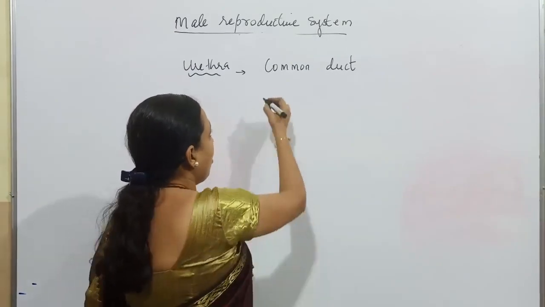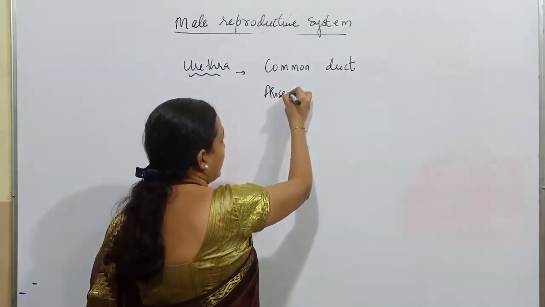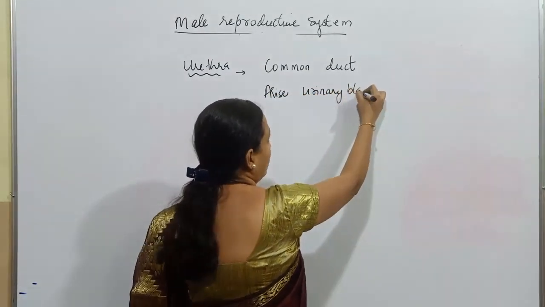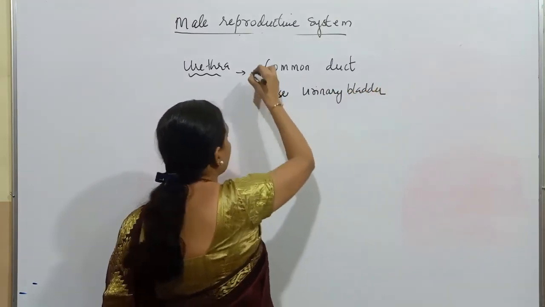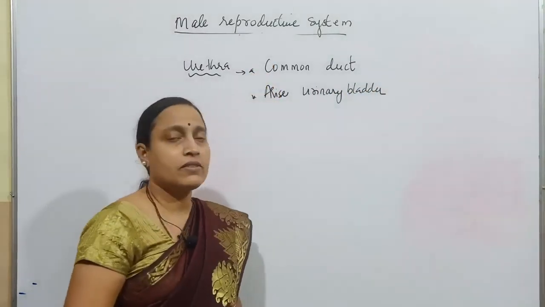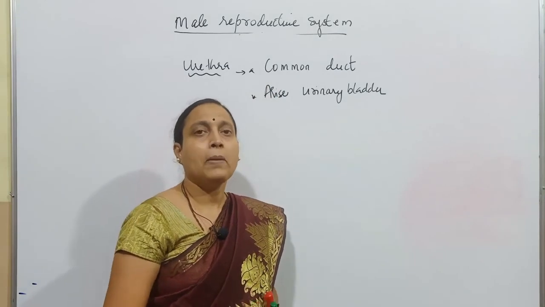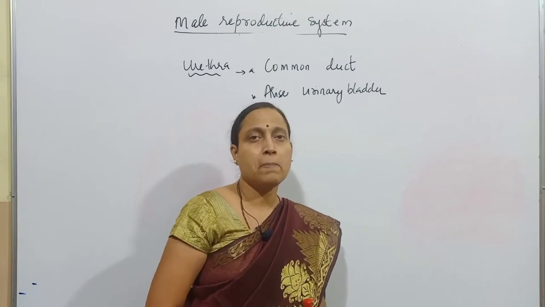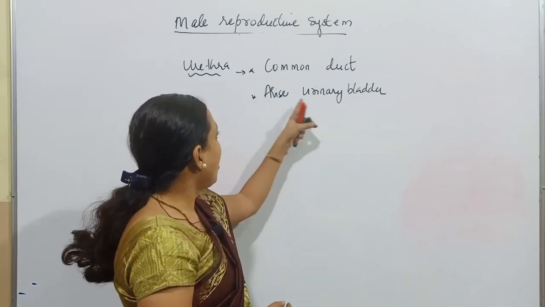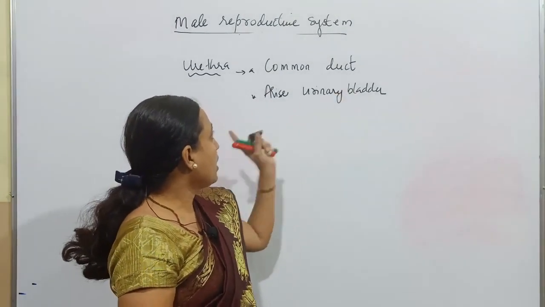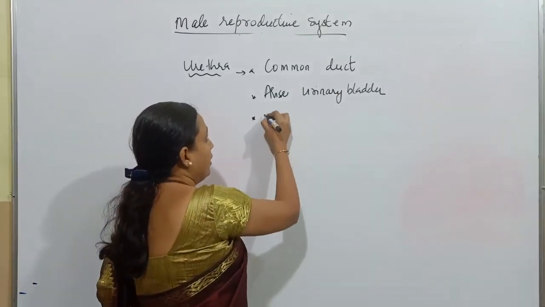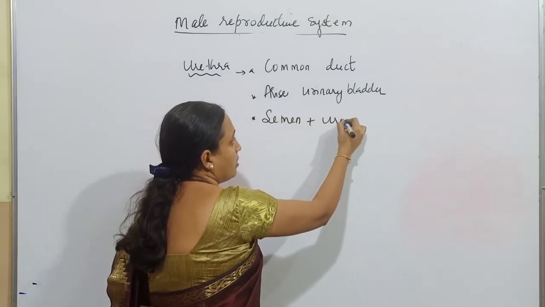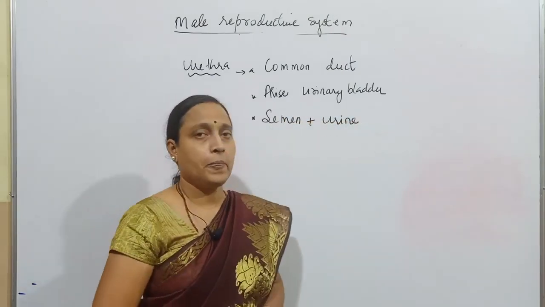And this will arise from the urinary bladder and then pass through the penis in the corpora spongiosum tissue. Arising from the urinary bladder, it carries both semen plus urine.